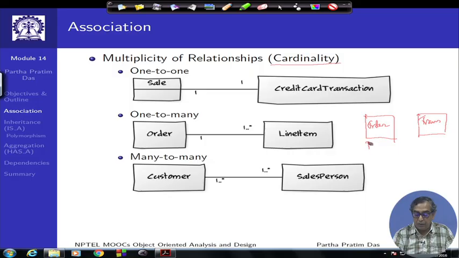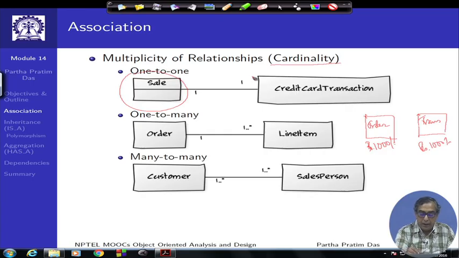If this order is for, say, rupees 1000, then you will need to have a rupees 1000 transaction on the credit card.